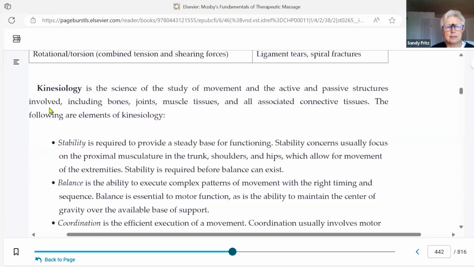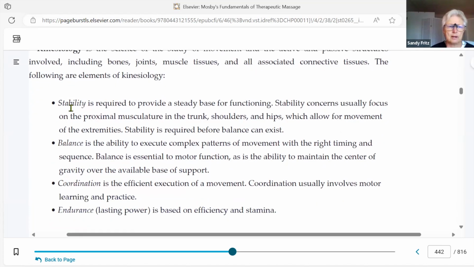When we're looking at kinesiology, that's the study of movement in general. These are the general functional processes we need as a baseline for our daily living activities. So we have to have stability, and we have to have balance.